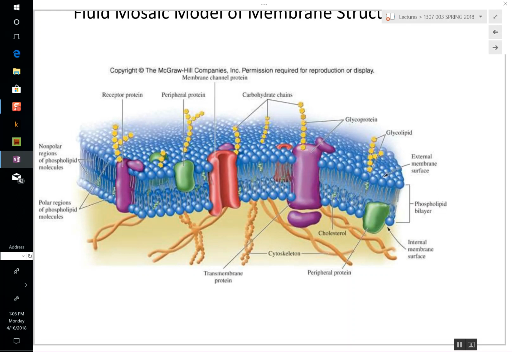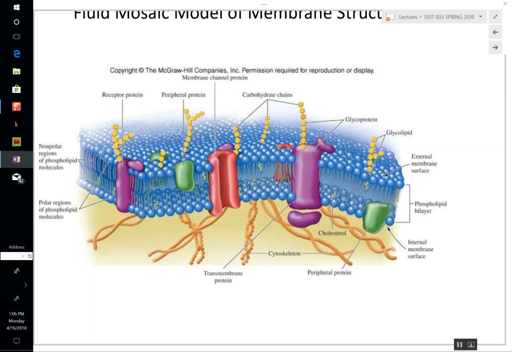Water is the solvent, the mobile phase. Water outside the cell. But what do you have here? In the middle, you have these nonpolar chains coming off of the phosphoglycerides, sticking down and sticking up. So you've got a lipid bilayer. Here's a layer of phosphoglycerides. Here's a layer of phosphoglycerides.